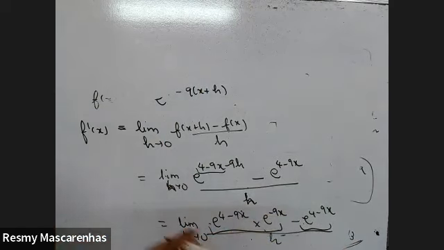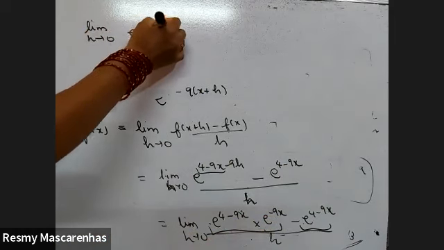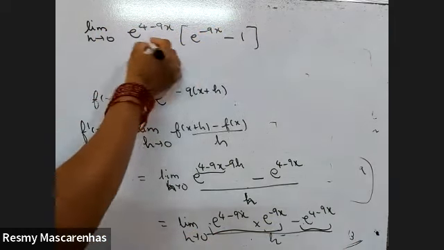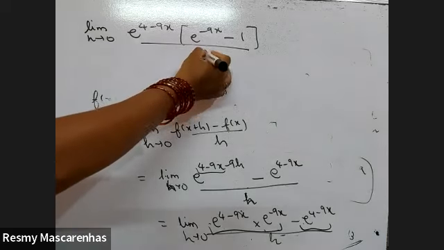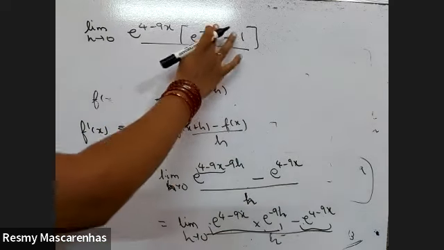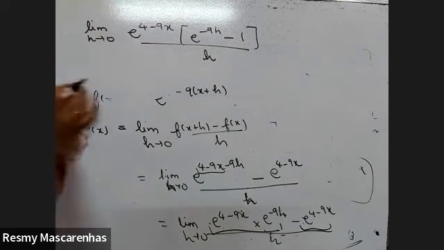So between these two terms, e raised to 4 minus 9x, now take this fellow out.